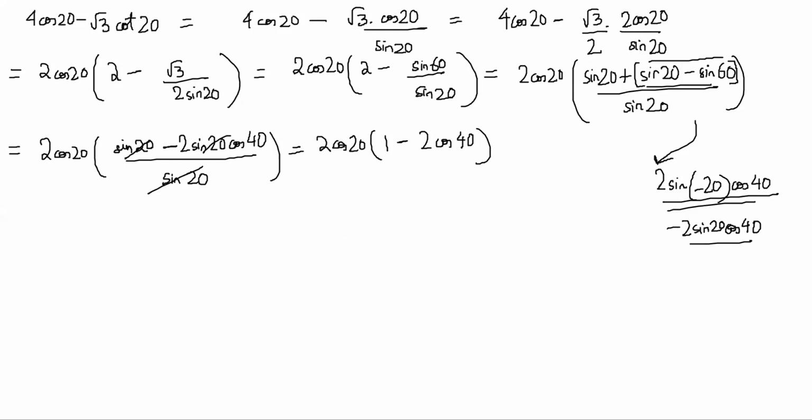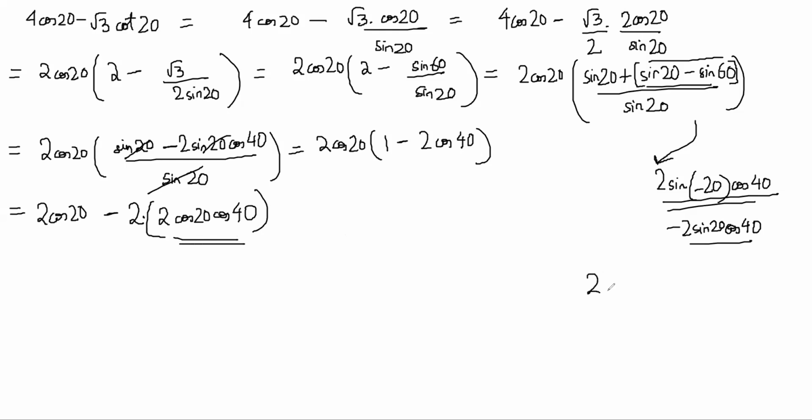So 2 cos 20 minus... just simplify it. 2 cos 20 minus 2 times cos 20 cos 40. This is the situation. And how can we get cos?